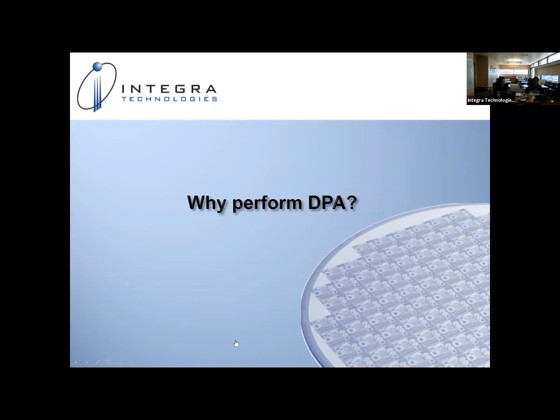Construction analysis goes a little bit deeper than DPA. It does more layer by layer analysis. It also does more material analysis in terms of what material you are using for assembly. So construction analysis has additional steps that are not available in DPA.